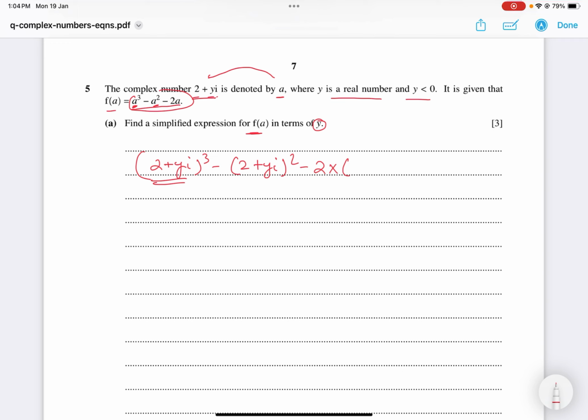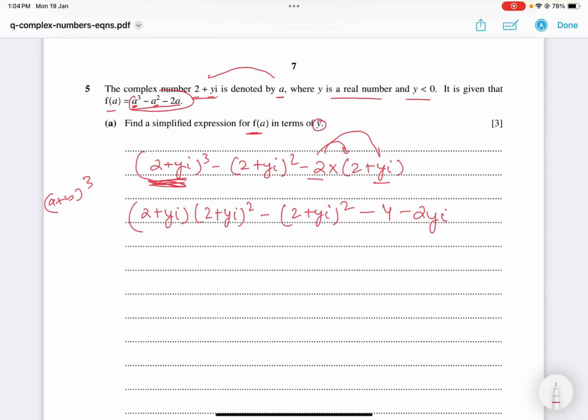Now I can apply the direct identity of (a plus b) whole cube, or I can write this as (2 plus yi) times (2 plus yi) whole square minus (2 plus yi) whole square minus, just multiply it, it would be minus 4 minus 2 times yi, that is minus 2yi. Don't forget to change the sign.